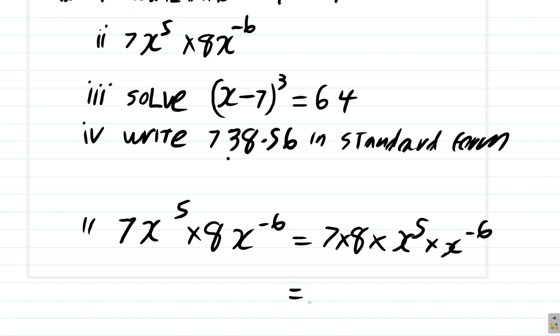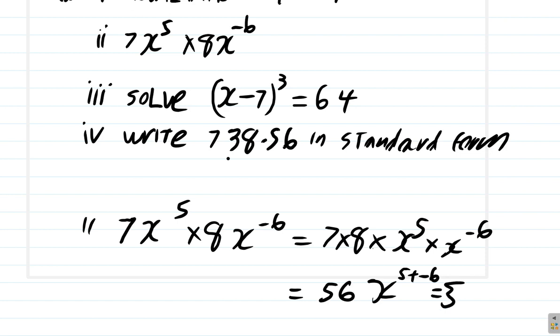Now here, 7 times 8 is 56, so that's 56. Now we will have x raised to the 5th power times x raised to the negative 6th power. And in this case, it's going to be x raised to the, add the indices, 5 plus negative 6. 5 plus negative 6 is the same as 5 minus 6, which is negative 1.